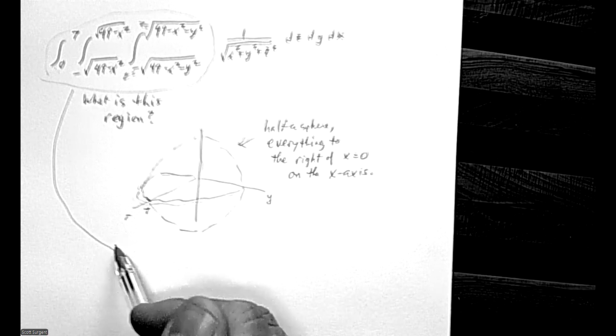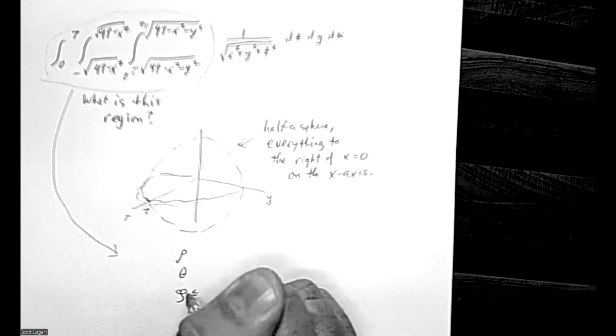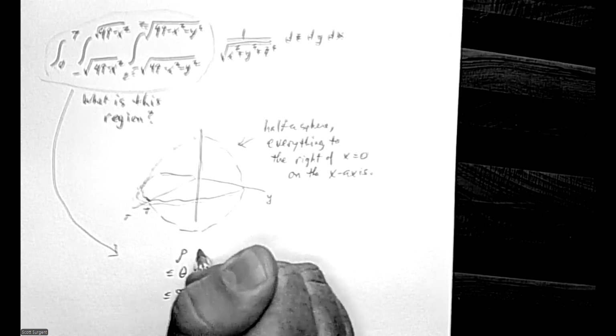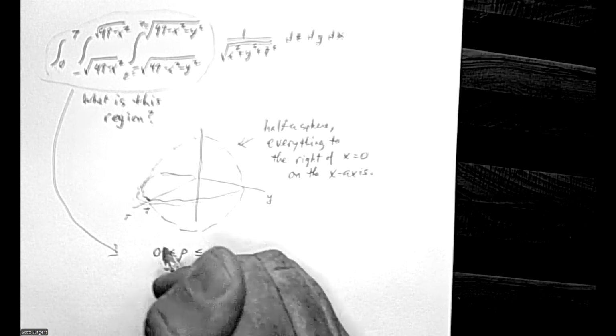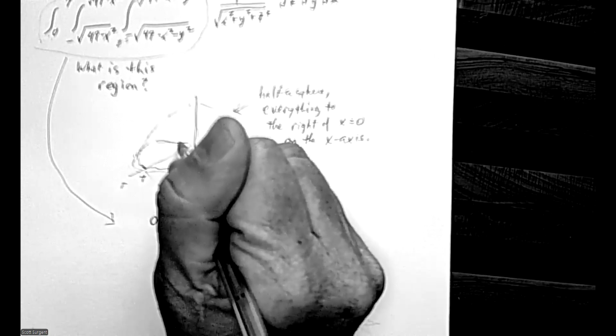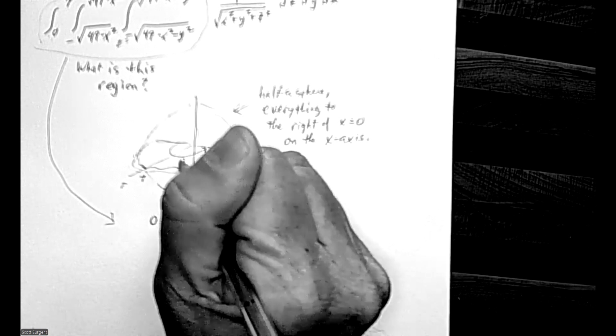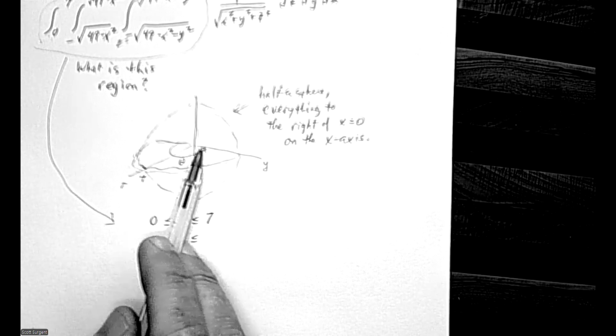And so what we're going to do here is use the rho theta phi conversions. The rho is your radius, so that's going to go from 0 to 7. The theta is going to be the sweep angle in the xy plane, and you always want it to increase.